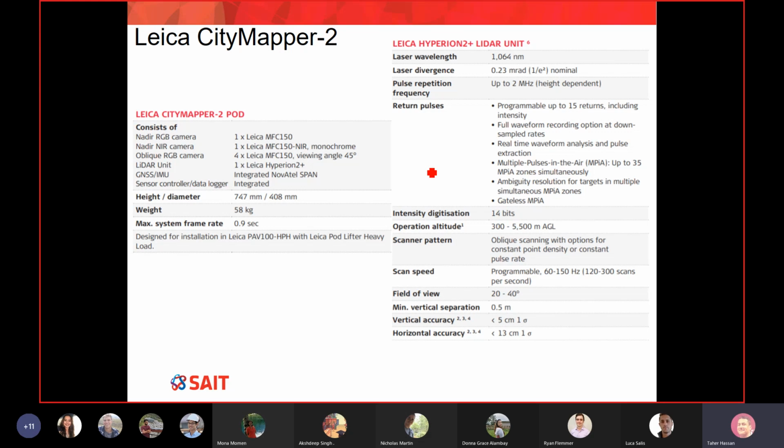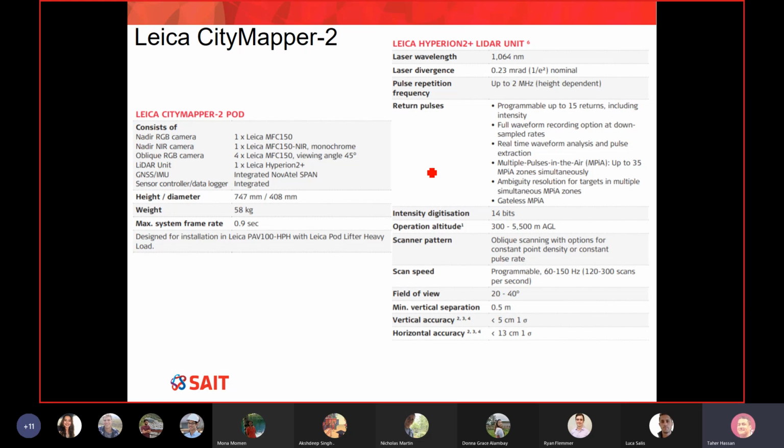Now, we also have some stuff like, for example, if you remember from my photogrammetry class about satellite image, we talked about digitization. We talked about 8-bit scan and 11-bit scan. Now in this system, it has 14-bit scan. The operational altitude is from 300 meter all the way to 5.5 kilometer above ground.